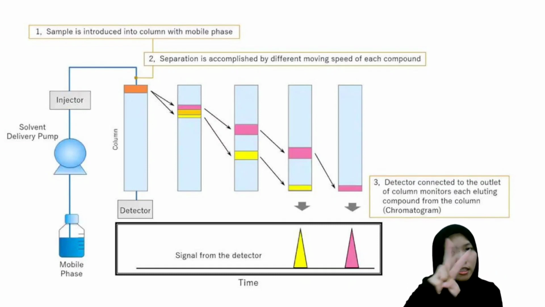There are two phases for HPLC that we need to know, which are the mobile phase and the stationary phase. The mobile phase in HPLC is the liquid that dissolves the target compound, while the stationary phase is the part of the column that interacts with the target compound. In the column, the stronger the affinity between the component and the mobile phase, the faster the component moves through the column along with the mobile phase. On the other hand, the stronger the affinity with the stationary phase, the slower it moves through the column.